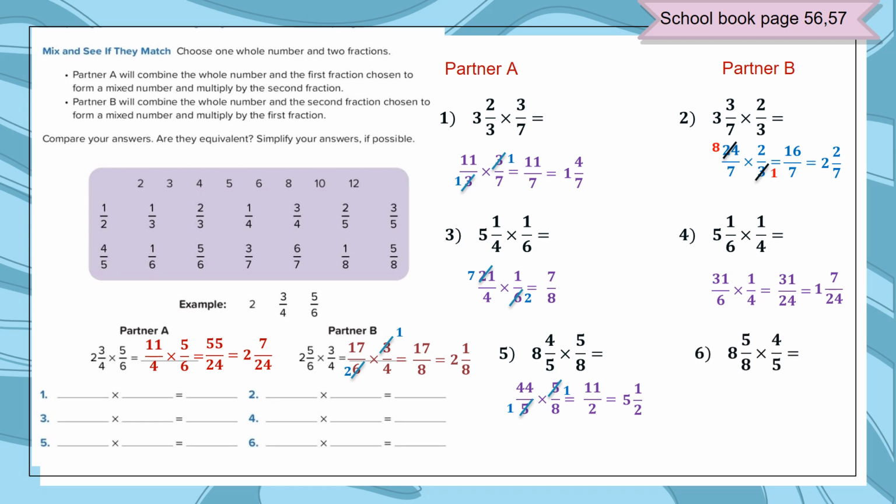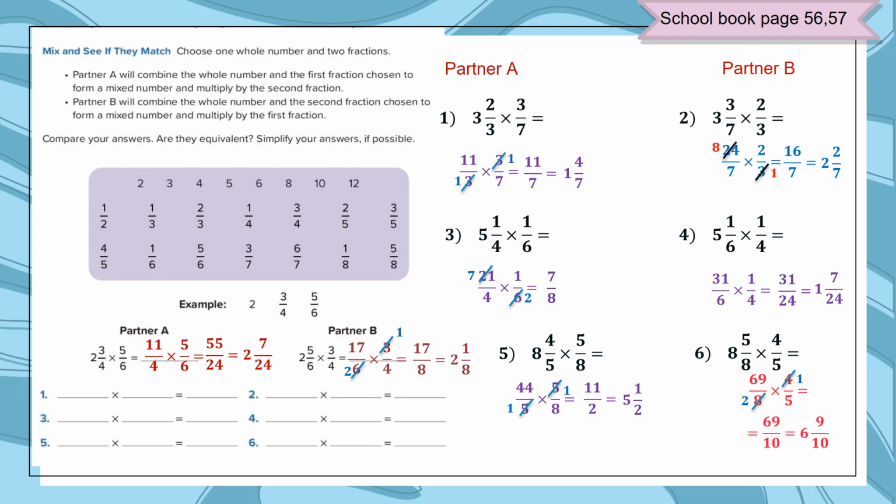In partner B, we will convert the mixed number, so it will be 69 over 8 times 4 over 5. Here I can simplify 4 and 8, divided by 4 equals 1, and here divided by 4 equals 2.